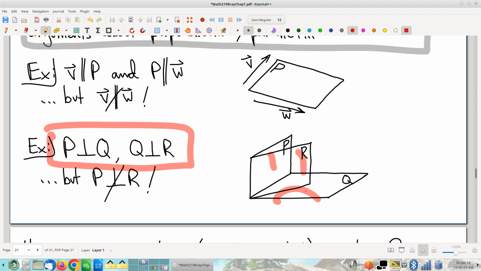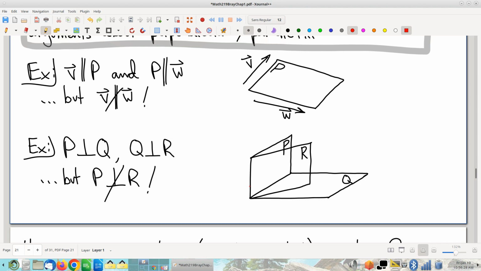Okay, now my rule on this is, rather than me enumerating a complete list of all possible transitivity relationships between lines and planes and vectors, there are just so many of them: which one's parallel, parallel and perpendicular implies what, perpendicular and perpendicular implies what. There's too many. Can't possibly. So the rule is as follows.